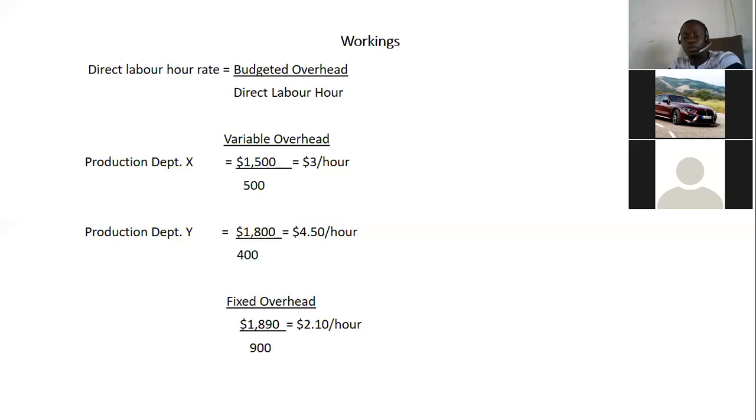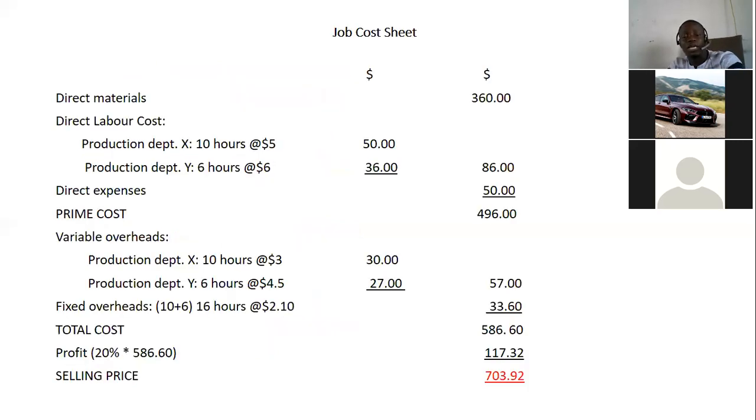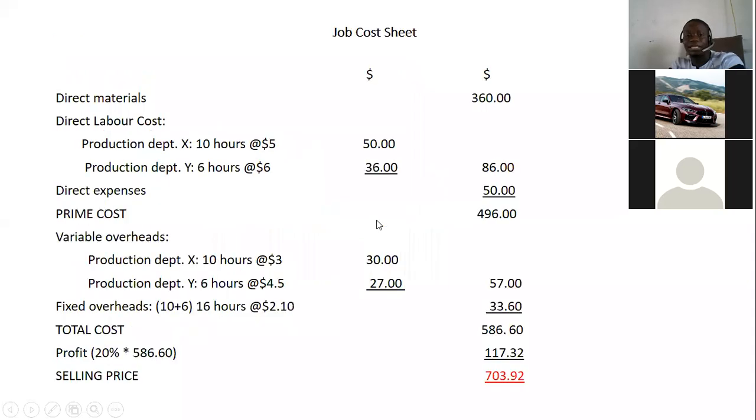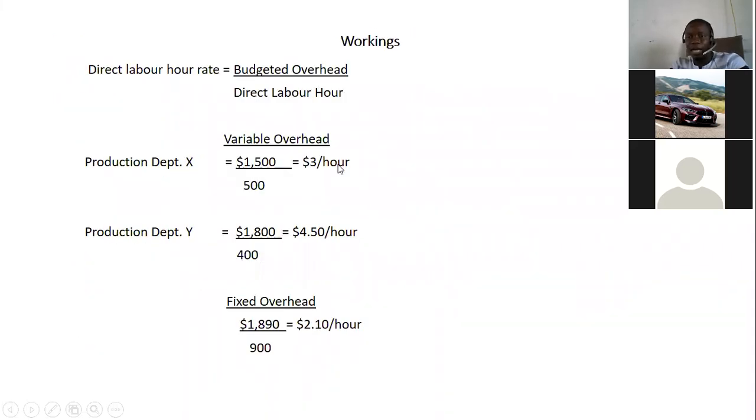Okay. So now, let's move back. You realize that in the question, under labor, production department X, they spent 10 hours on the job. And we've calculated the rate, which is 3 Ghana cedis per hour.